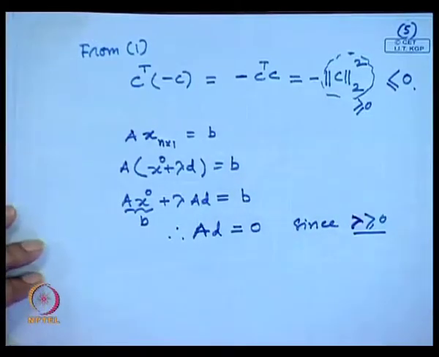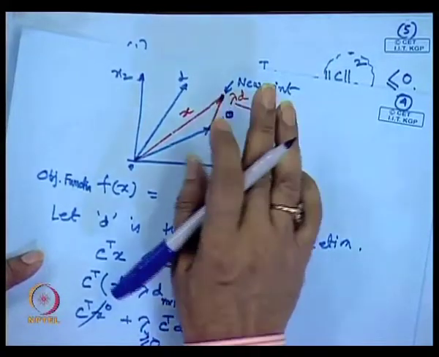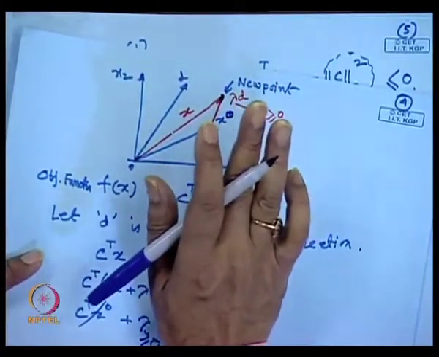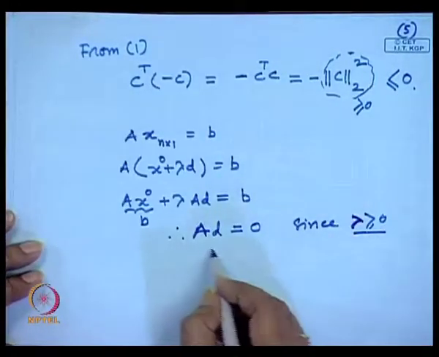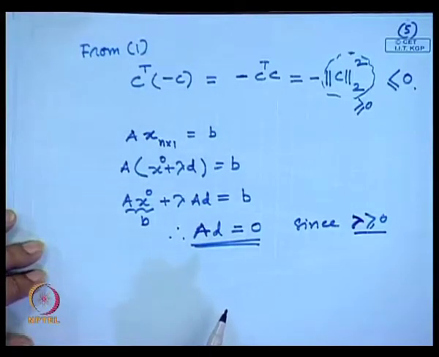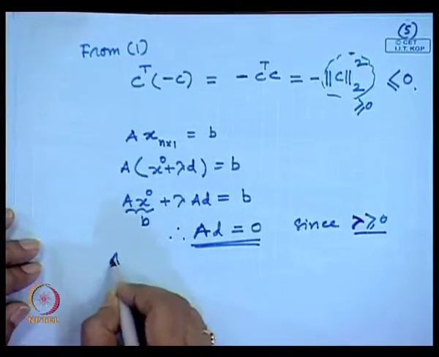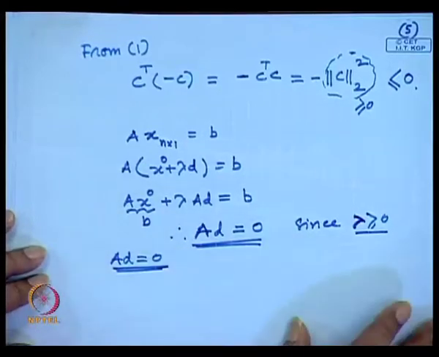When you are moving from this point to some point, lambda is positive, you can omit 0 also if you like. So A d must be 0. This is the condition we got.